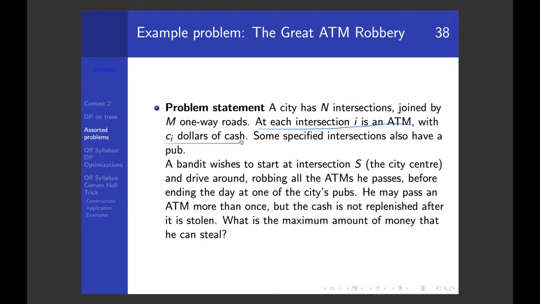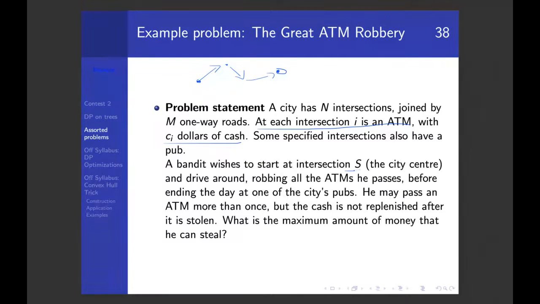A bandit wishes to start at some intersection S, which you're given, and walk along these directed edges, and at each ATM they get to, he steals all the cash from the ATM. After this walk, he wants to finish at a pub. So, like, there's a pub here; one possible walk could be to start here, rob all the ATMs, rob this ATM, then finish at the pub.